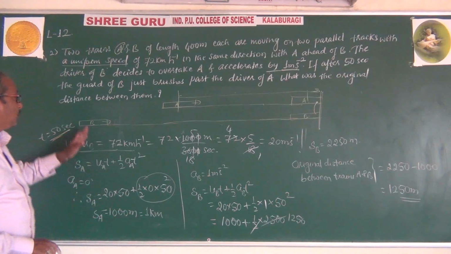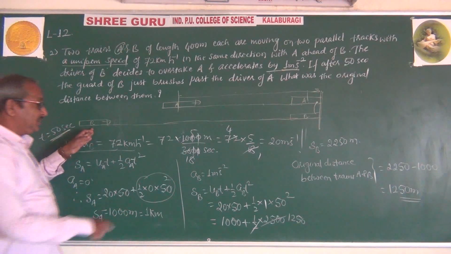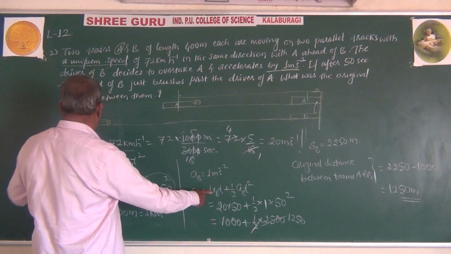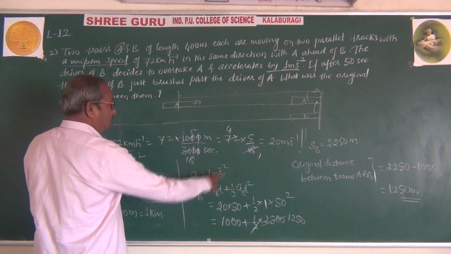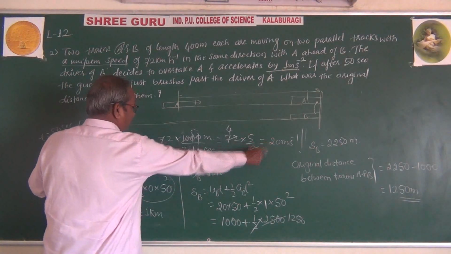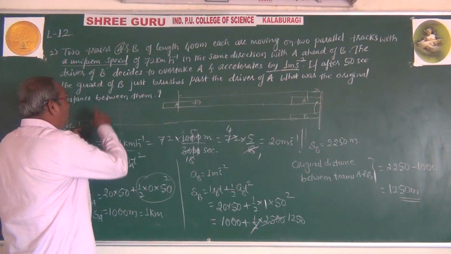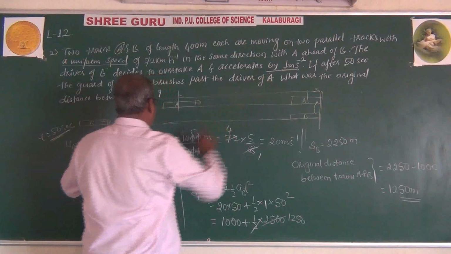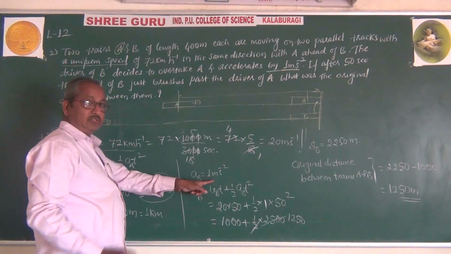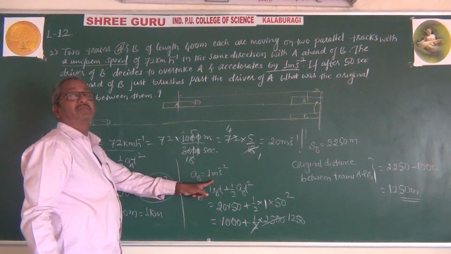Now next, let us go for B. The equation again for B, and the speed is again the same, 72 km per hour, after conversion 20 meters per second. But here train B is moving with some acceleration. That means a of B is not equal to 0, which is equal to 1 meter per second square.